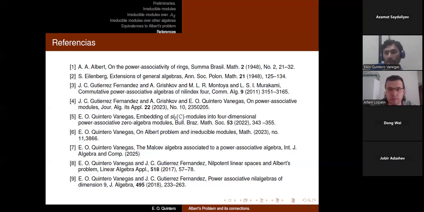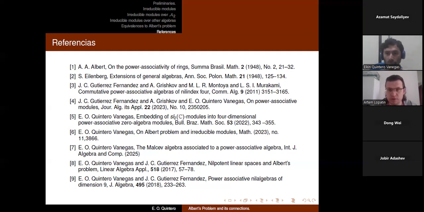That is the interest of the question: if the Albert problem is false, we have the existence of simple nil algebras. But if the Albert problem is true, that kind of simple algebra does not exist.